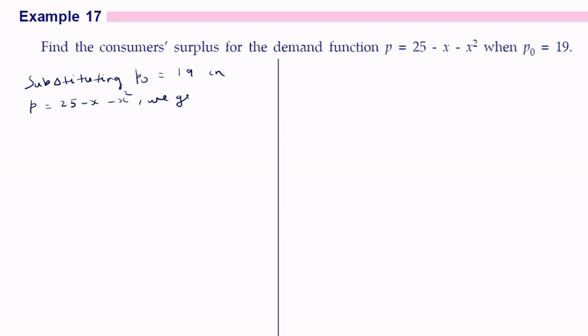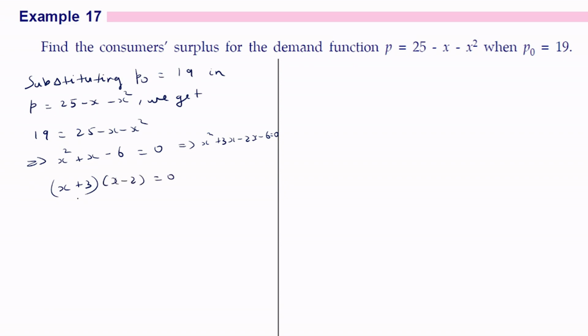We get 19 equal to 25 minus x square, or we get x square plus 19 minus 25, which is minus 6, equal to 0. So this is x square plus 3x minus 2x minus 6 equal to 0, or we get x plus 3 into x minus 2 equal to 0.